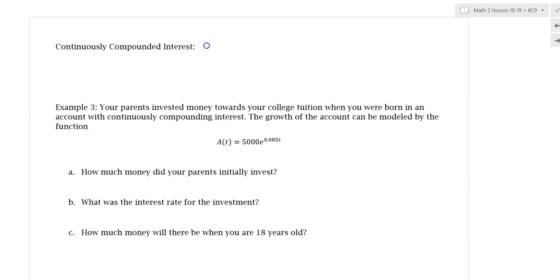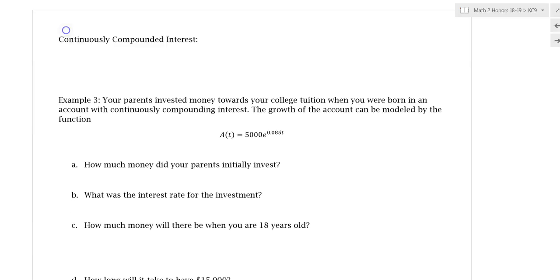And the formula for continuously compounded interest is A equals P times e to the rt. Okay. So what do these mean? A is your final amount. P is your initial amount. It stands for principal.